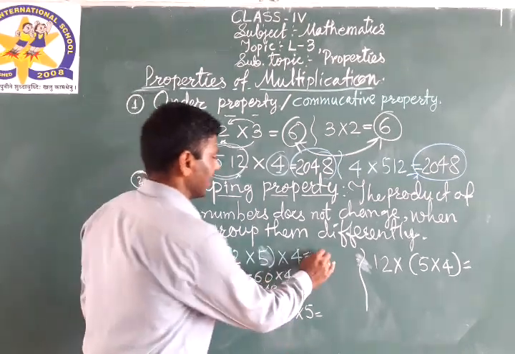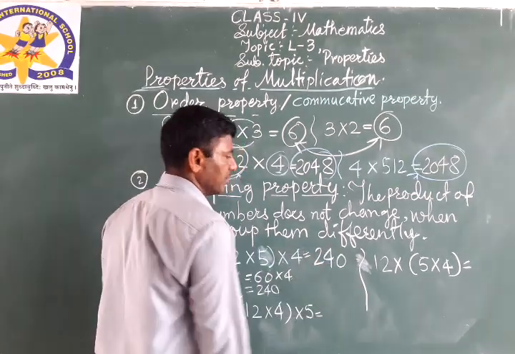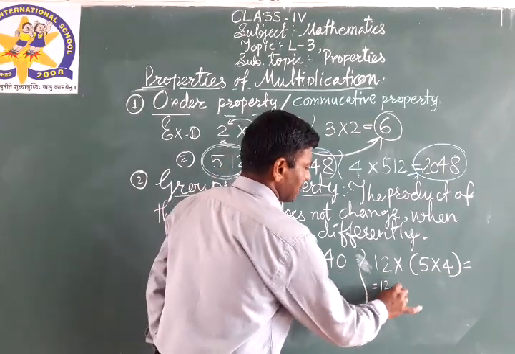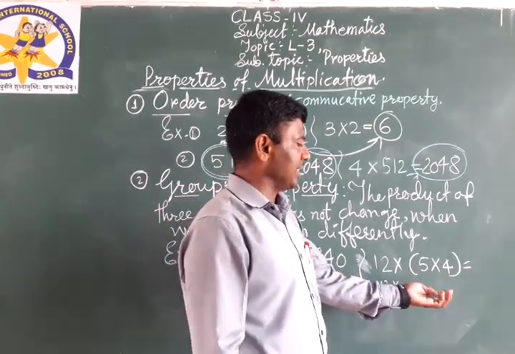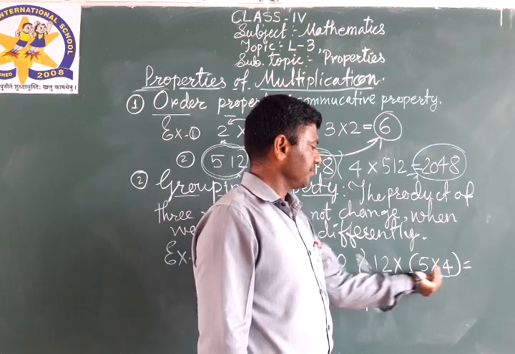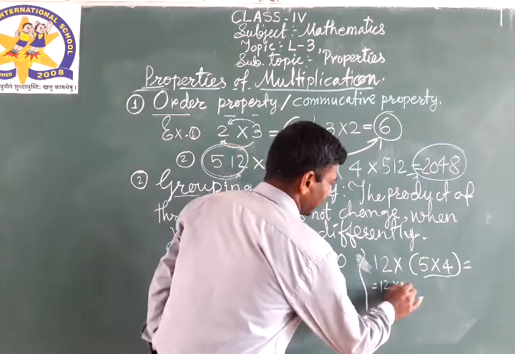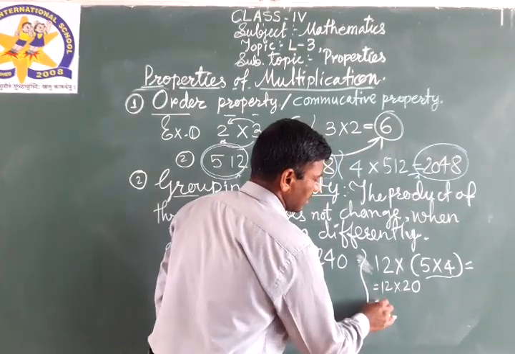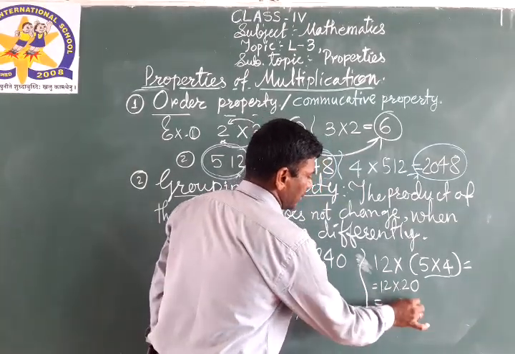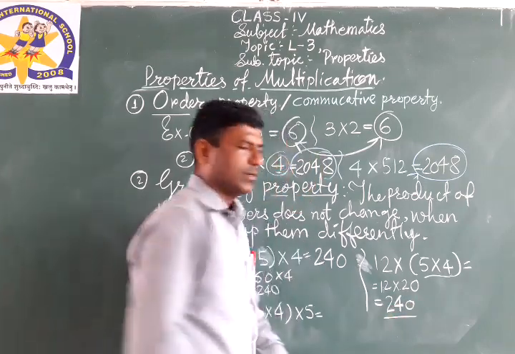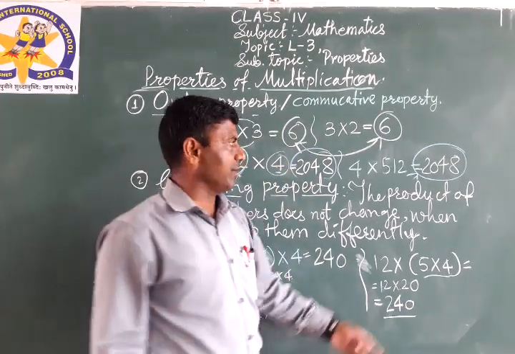Now we see the answer is 240. Solve this: 12 as it is, the multiplication sign as it is. Solve this bracket first. 5 multiplied by 4. 5 4s are 20. Now 12 0s are 0, 12 2s are 24. What is the answer? The product is 240.